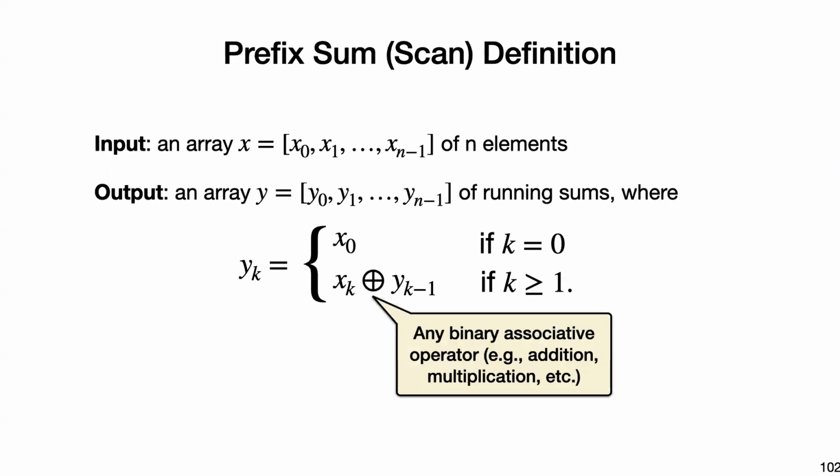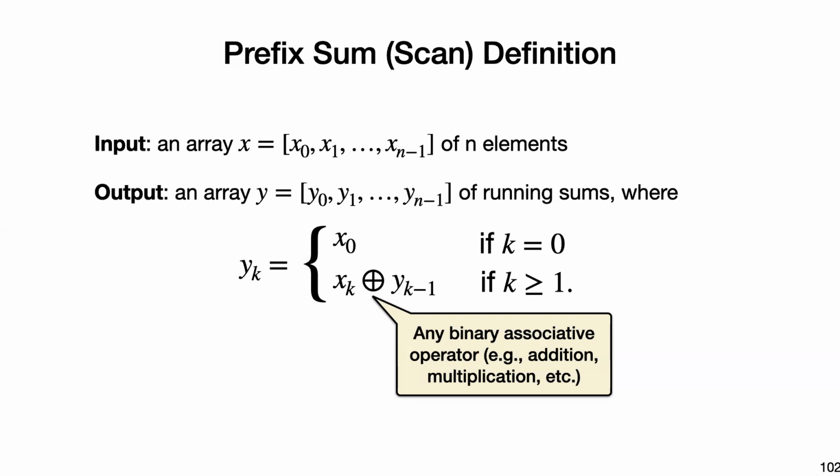All right. So prefix sums are kind of a basic looking algorithm. You have an input array, x0, x1, up to xn minus 1, so there are n elements. And you want to output an array y, y0, y1, up to yn minus 1. The arrays are the same length. You can define prefix sum recursively, where if we're in the first position, then y sub 0 is just equal to x sub 0.